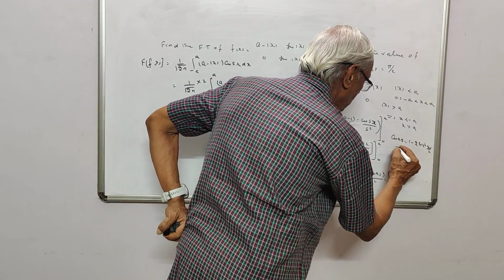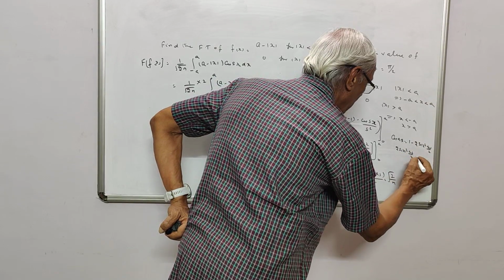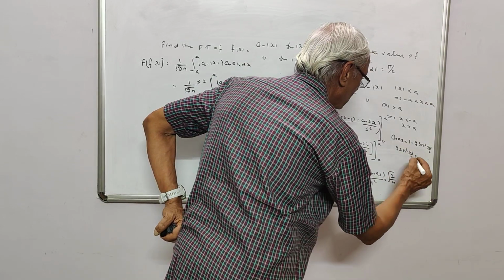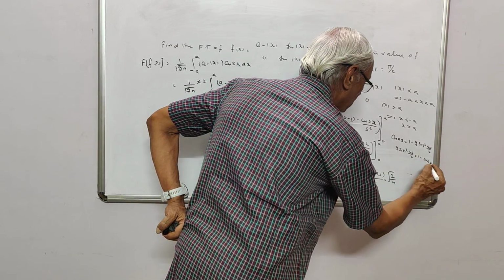So 2 sine squared as by 2 is 1 minus cos as.